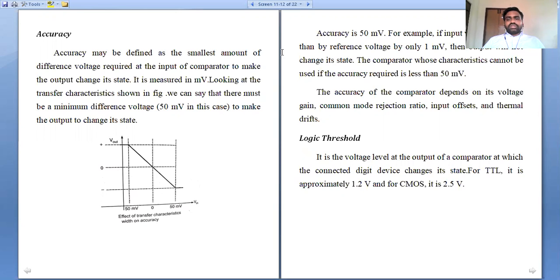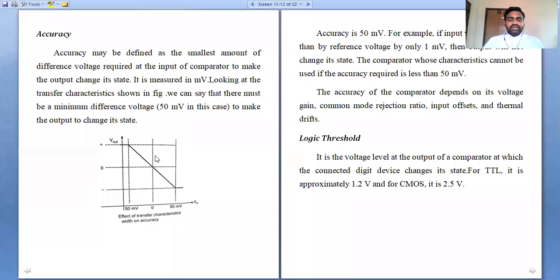If the accuracy is 50 millivolts, that means if the input voltage differs from the reference voltage by more than 1 volt, only at that condition do we have to take the condition into accuracy. Less than this 1 volt, we don't discuss the concept of accuracy.